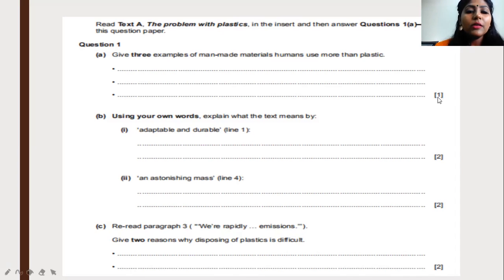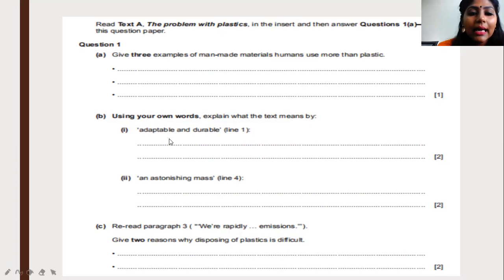Now for the second sub-question, question 1B: using your own words, explain what the text means by. When you see the keywords using your own words, it means that candidates need to translate using synonyms.